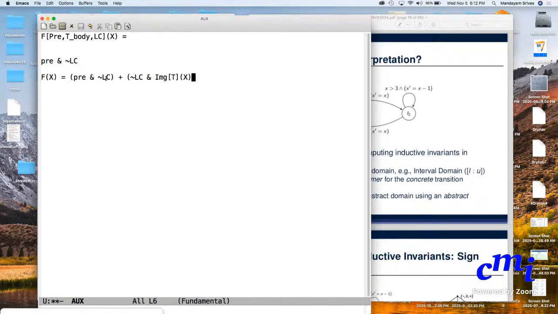Here, it is the post predicate set that you get exactly if you started from pre and exited without executing the body. That is the zeroth iteration. That is your init, and you always should have that. To that, I'm adding something which you would add in an arbitrary iteration. If you had already computed up to a certain iteration, then you're adding that.